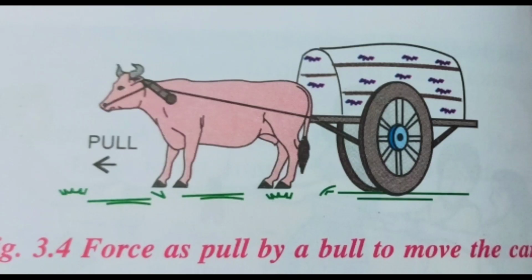What causes the cart to move? The force applied by the bull in the form of a pull moves the cart. So from these pictures you might have understood that force is applied in the form of a push or pull. In short, we can also say that a push or pull is called force.